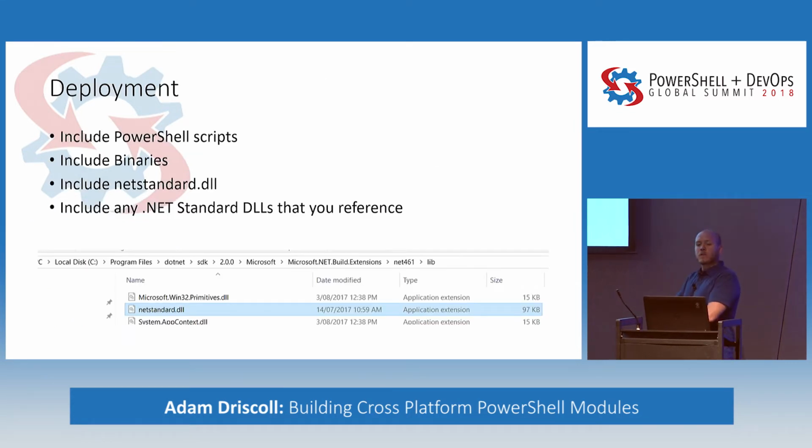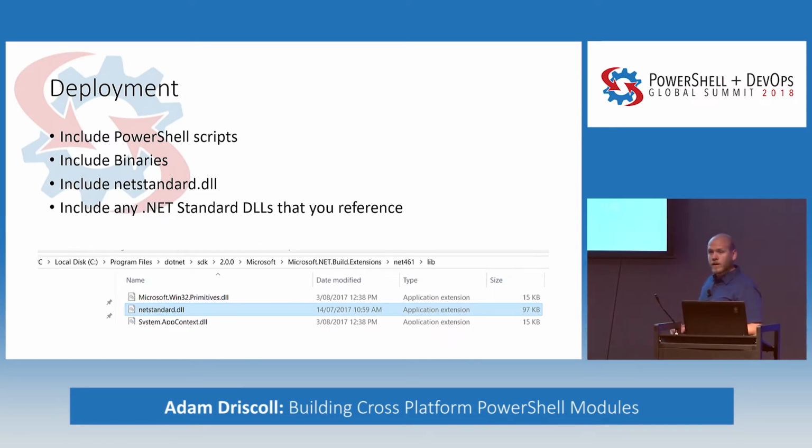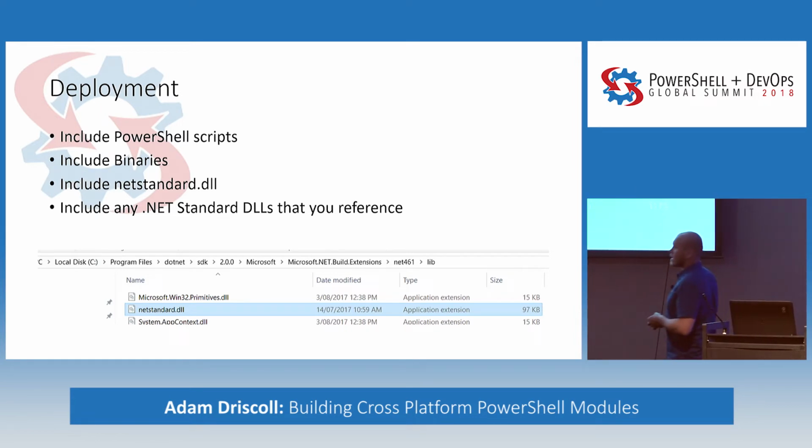All right, so some notes on deployment. Pretty much the same thing you would do with any other binary module. You want to include your PowerShell scripts, your PSM1s, your PSD1s, and your binaries. One difference is that if you want to work on machines that don't have the .NET Core runtime installed, or you don't want to ship the .NET Core runtime, you're going to need to include this .NET Standard DLL.